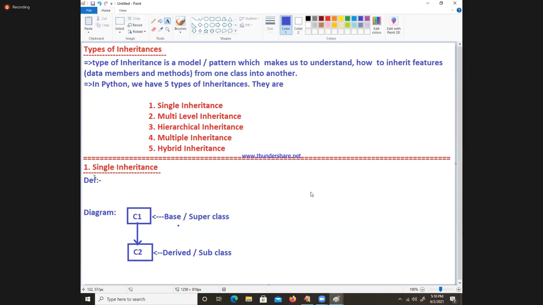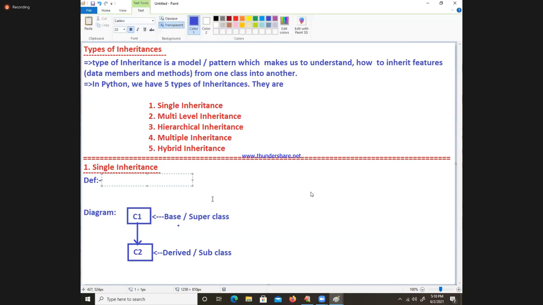Then you tell me the definition. This model is called a single inheritance. By looking at the diagram itself, we must be able to understand.